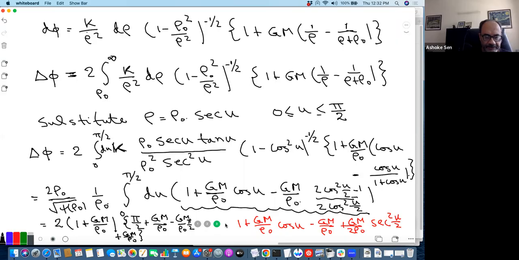Okay, so I'm going to write in the next page in a neater form. So you get two factors of gm over rho 0. You see 2 gm over rho 0, sum of these two. And then we have pi by 2 times 1 minus gm over rho 0. Okay, so let me write that out.